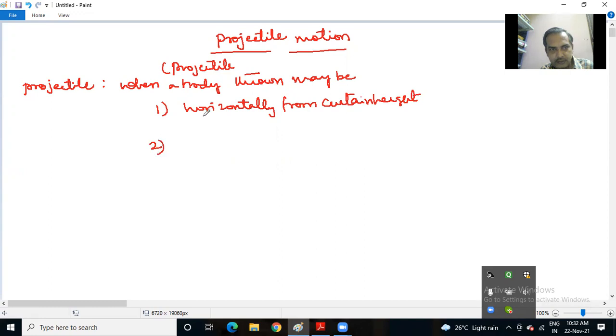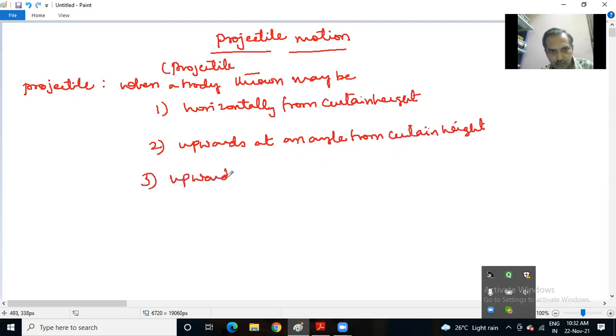Second is thrown upwards at an angle from a certain height. Third option is thrown upwards at an angle from the ground.